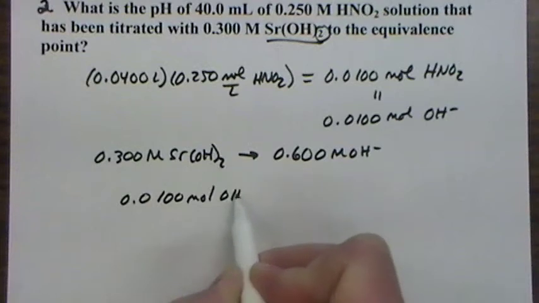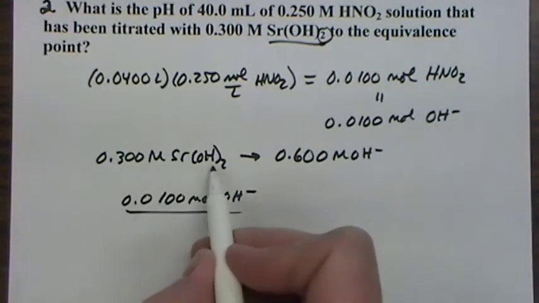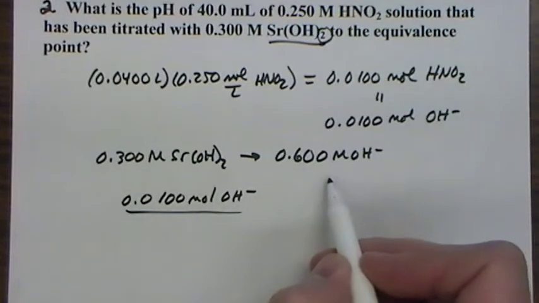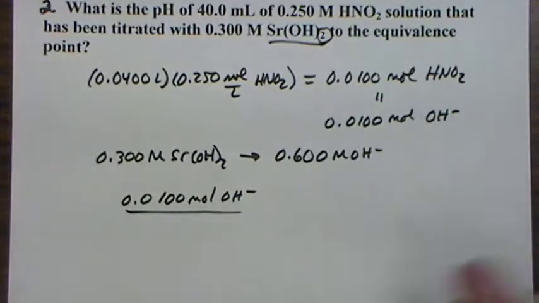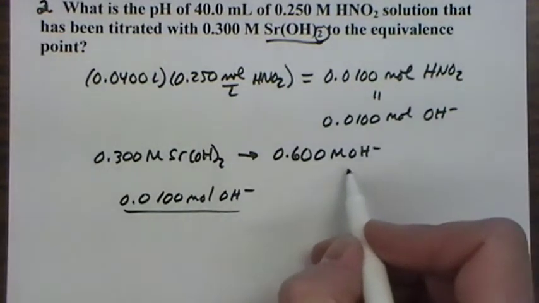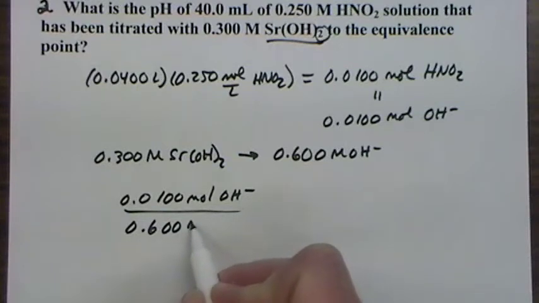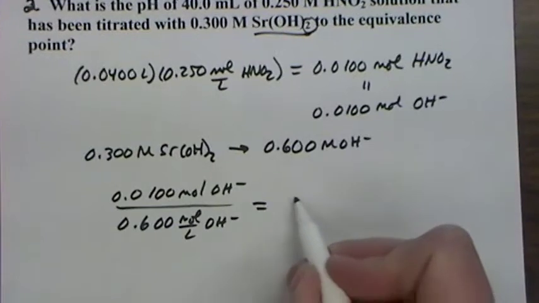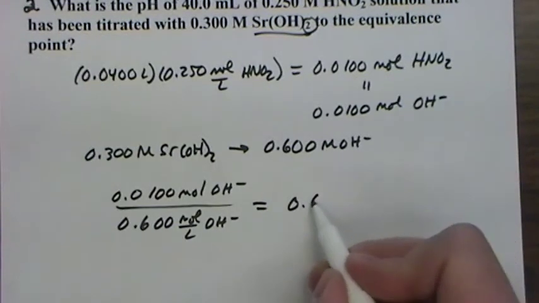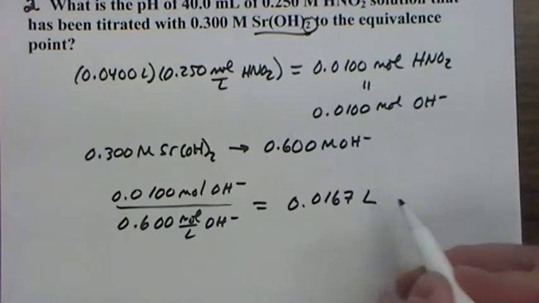There's more than one way to do this, but we're going to take the concentration of the strong base as is and then convert it over to what is the true concentration of OH minus, because that strontium hydroxide breaks up, it ionizes, and it forms 0.6 molar OH minus. So this will give us the volume that we'll need of the strontium hydroxide to have enough OH minus to neutralize the acid.